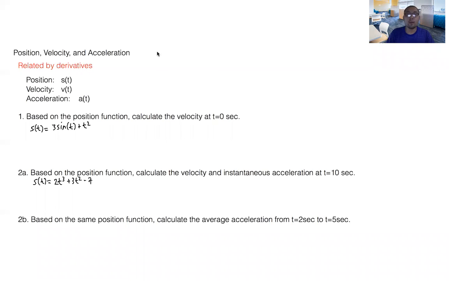And so if you have a position function that looks like this, let's say S of t, t stands for time. Let's say S of t is equal to t squared plus 3t plus 5. In terms of positions, the units are probably meters or something like that.